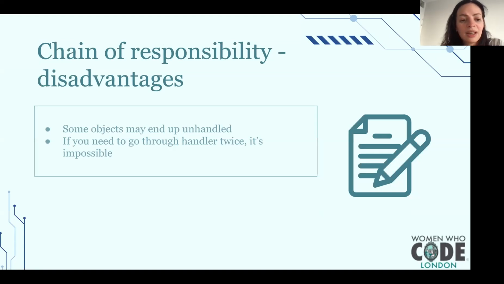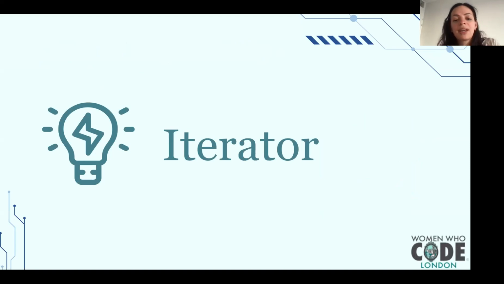And sometimes you need to go through a handler twice, and with this pattern, you can't go twice through the same step. You always need to create a new filter if you need to go twice through the step. So it has some drawbacks, but it's very powerful.